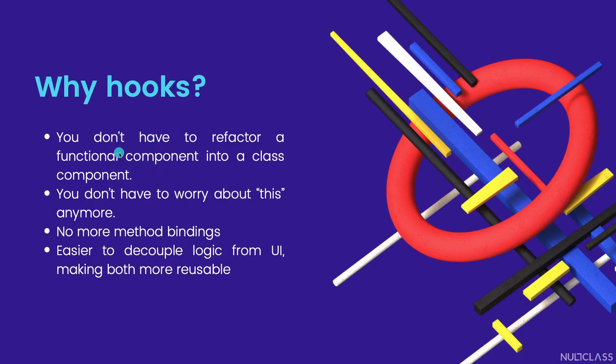If you want to use a state variable, you would have to convert that functional component into a class component. Instead of doing that, you can just use the useState hook, so that it reduces your time and your lines of code, and it is more reliable. Hooks are more reliable than writing a class component.